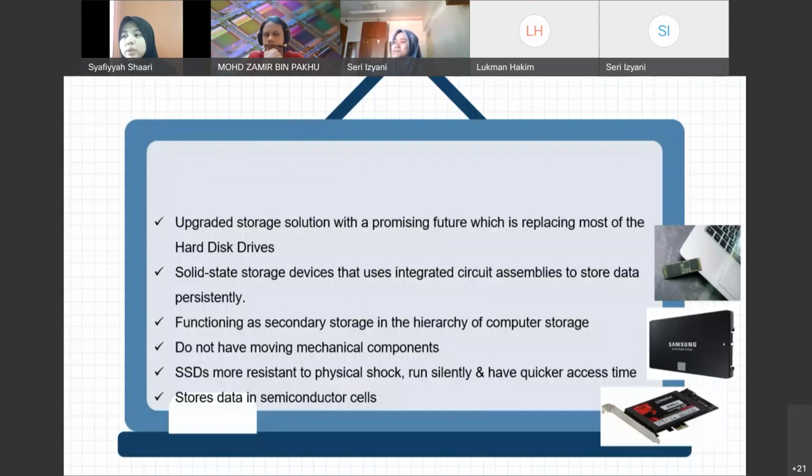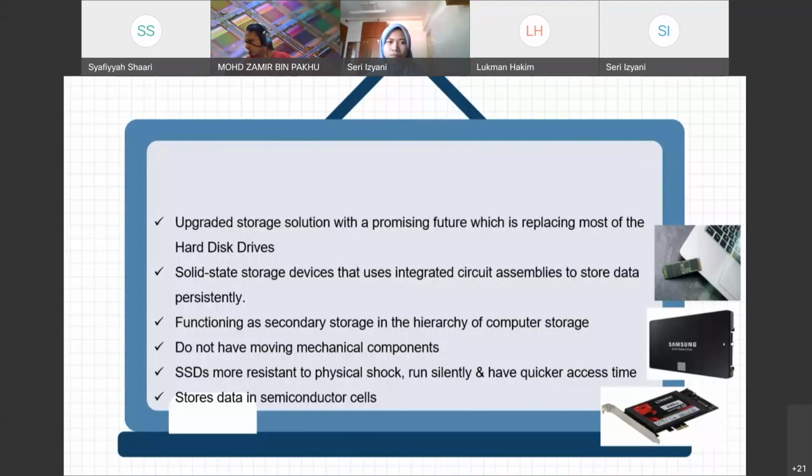SSD is a solid-state storage device that uses integrated circuit assembly to store data persistently and functions as secondary storage in a hierarchy of computer storage that is used for storing personal data like pictures, video, music, and documents. In a computer, SSD also stores the operating system code, framework, and drivers that allow the system to boot up and operate.